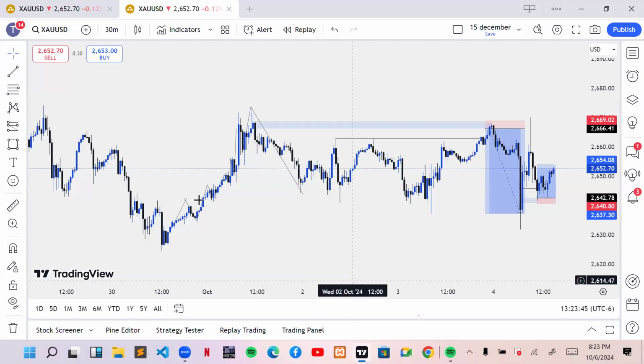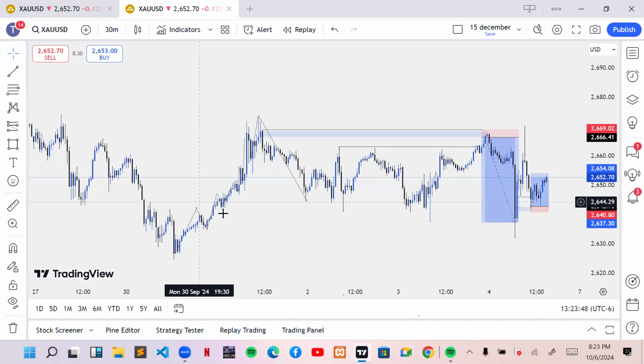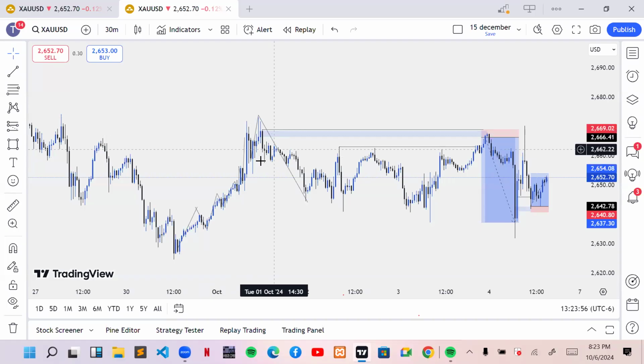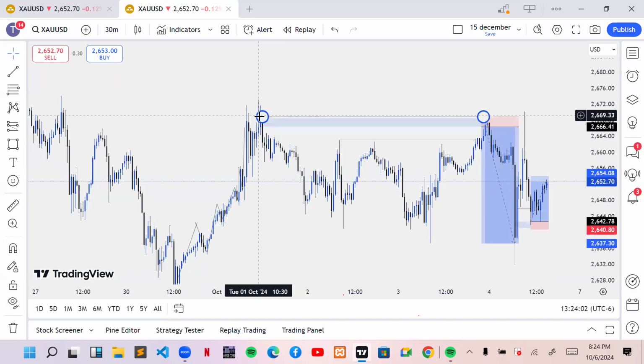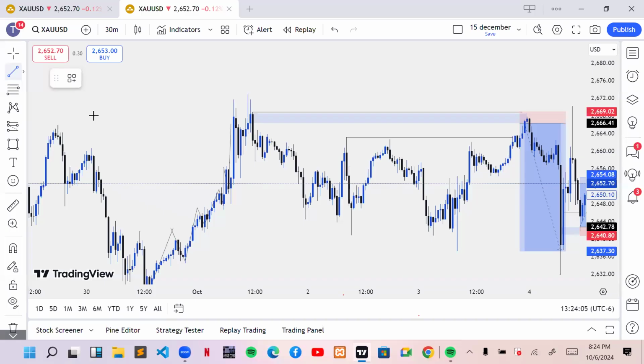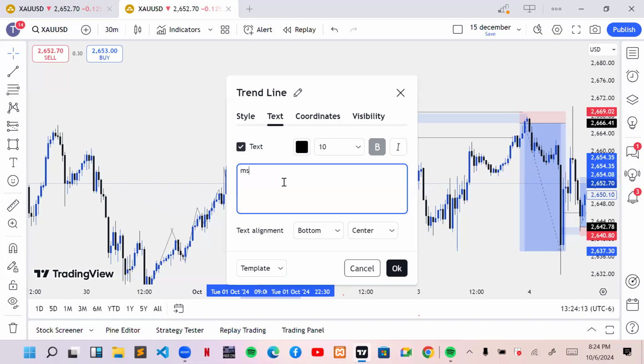So higher highs, higher lows, higher highs, higher lows, higher highs. The market now broke down the last low and made a lower low. This here is an indication that the market is now turning bearish. The market structure shift happened right here, because this was the last low, and the market took out that last low, now changing the trend of this market from an uptrend to a downtrend.